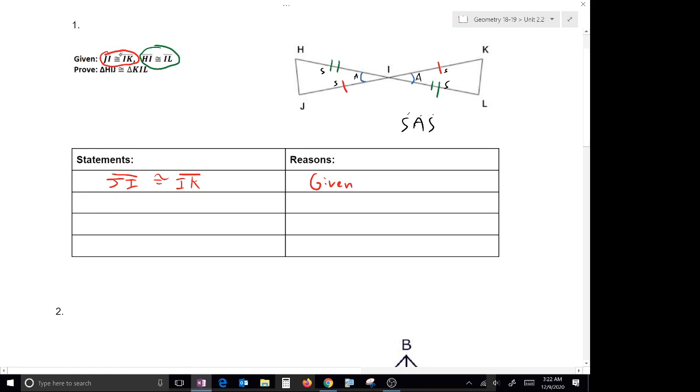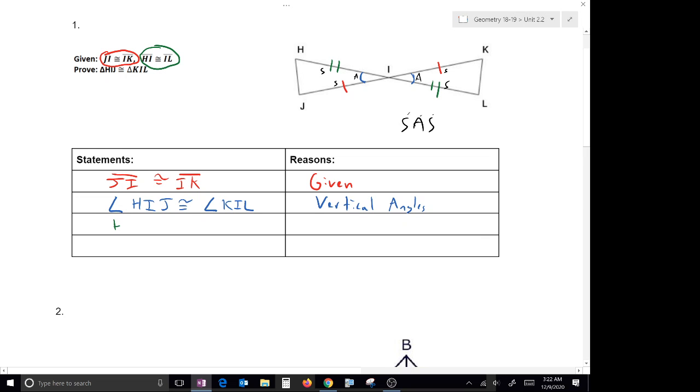And then we saw in the middle here we have our vertical angles. So I'm going to say angle HIJ is congruent to angle KIL. And that's referring to these 2 angles here that are vertical angles. Last, we have our second given statement.